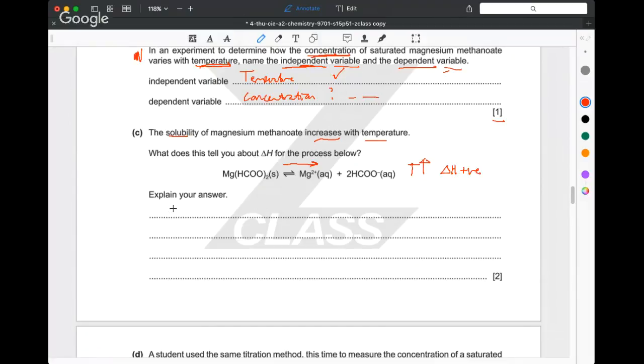So you've got to say, this is, well, normally it says state and explain. It just says explain here. So the enthalpy change is endothermic or positive. You could use Le Chatelier's principle.